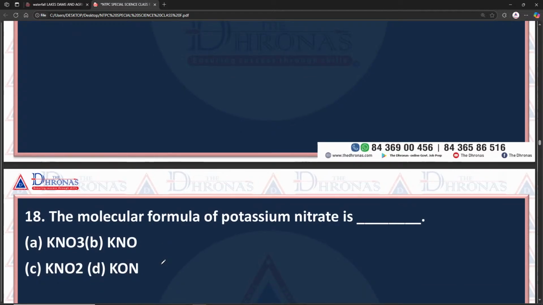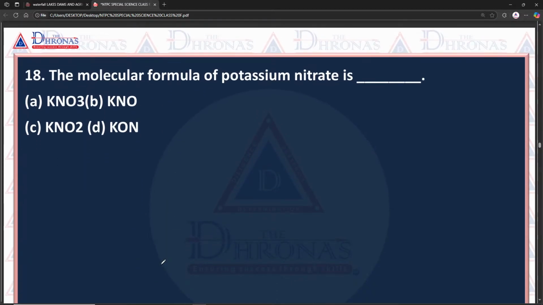Next question, question number 18. The molecular formula of potassium nitrate is. Your options: KNO3, KNO, KNO2, KON.